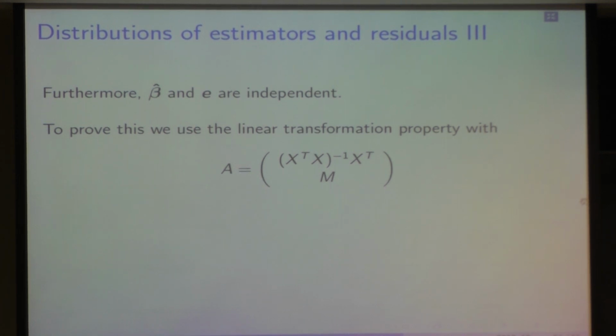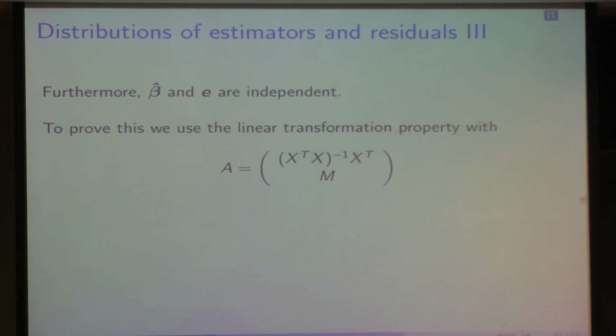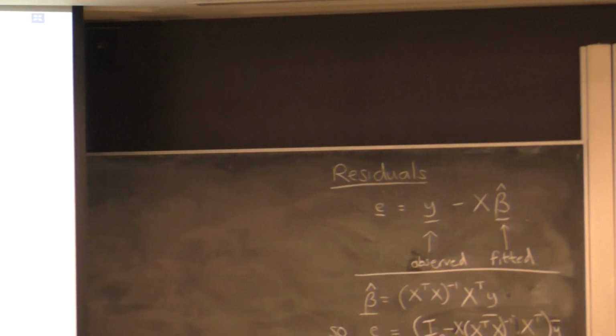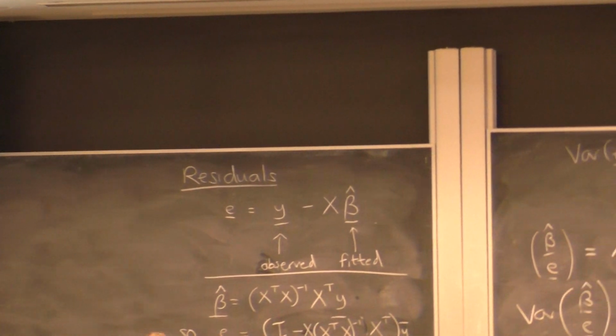So now, if we want the variance of this vector, I've underlined them for you, indicating vectors. If we want the variance of this vector beta hat, E, the variance matrix, by our usual property of linear transformations, this is A times the variance of y times A transpose.